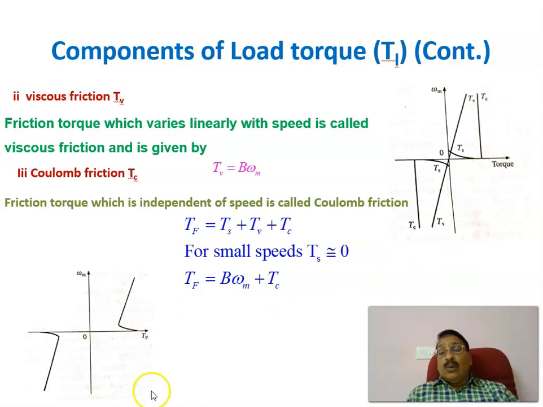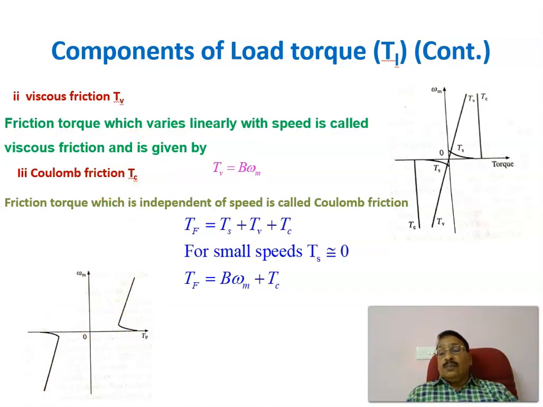This diagram is the split-up of these different frictions. This one combines static friction, viscous friction and Coulomb friction. If you add them all up, you get the total friction versus omega m. These are the different components of frictional torque.